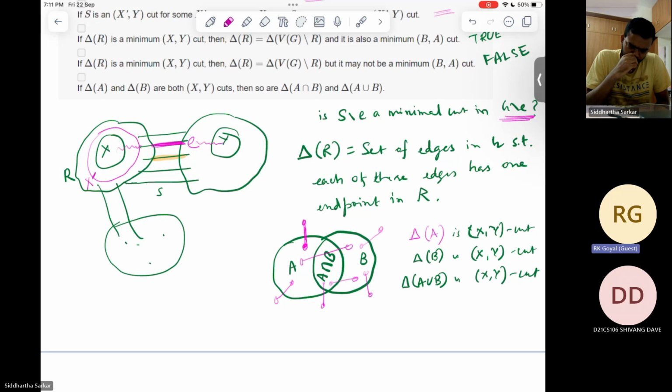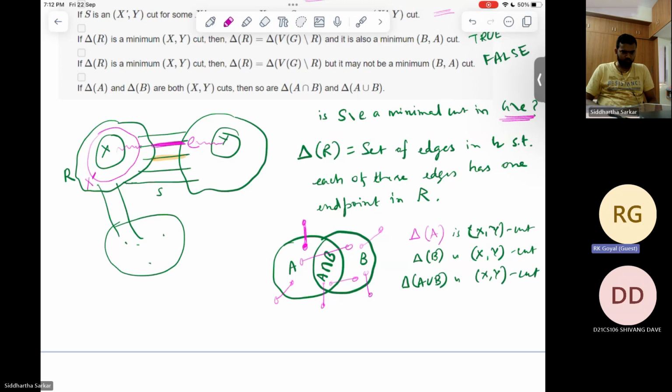So if delta A is an XY cut, and this figure is clear to me now, then we are basically interested in the X and Y part only. There could be edges which are going away from A, but those edges going away from A should go towards Y. In fact, all the edges going towards Y only matter to us, and those edges going away from A in different directions won't matter.